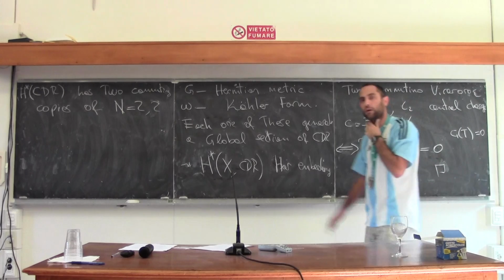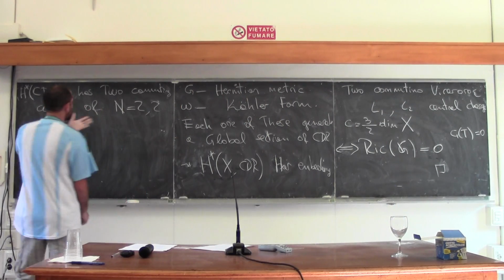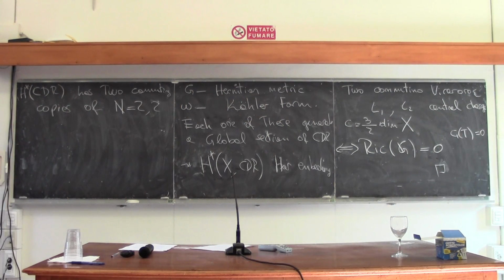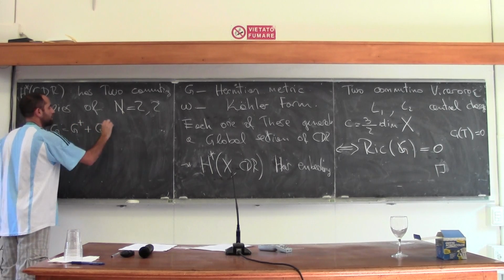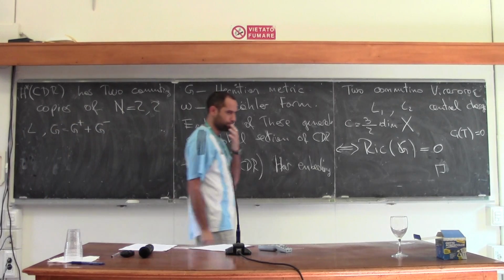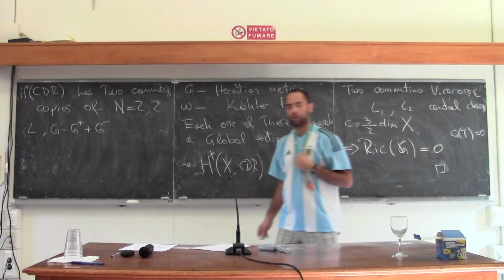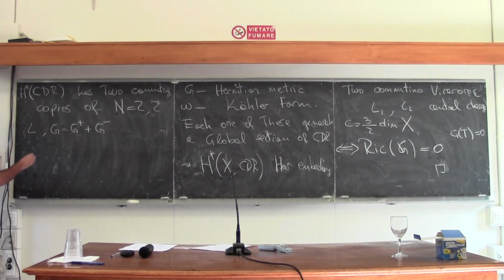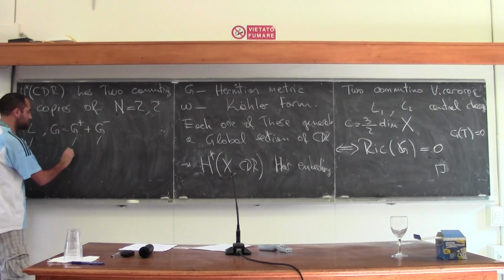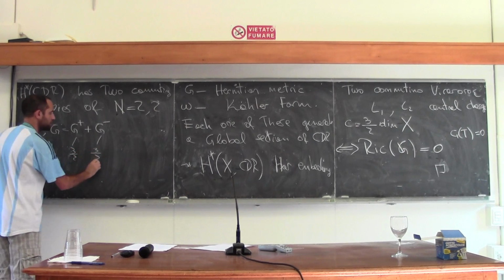So let me tell you more or less what the generators are. I need to tell you what the n equals 2 vertex algebra is. I already told you what the n equals 1 vertex algebra was. I will write this G as G plus and G minus. I'm not going to write the whole thing, but the n equals 2 vertex algebra is a vertex algebra with 4 generators: L, G plus, G minus, which have conformal weight 3/2.